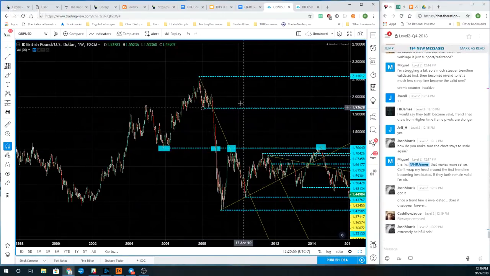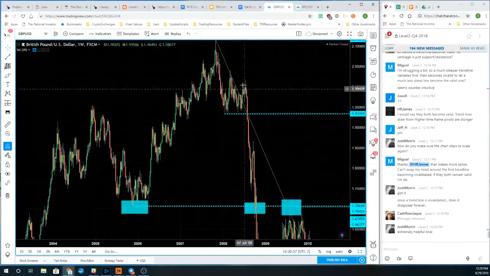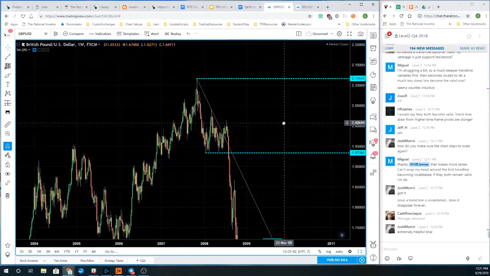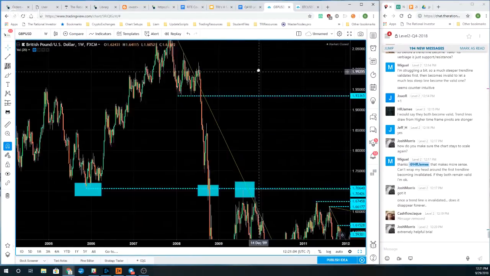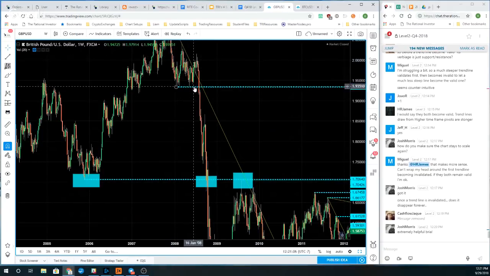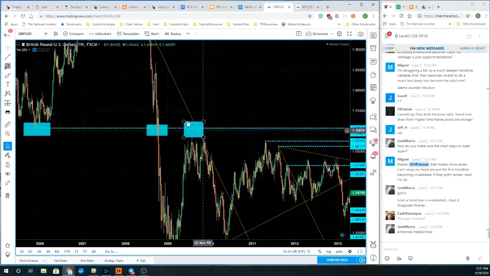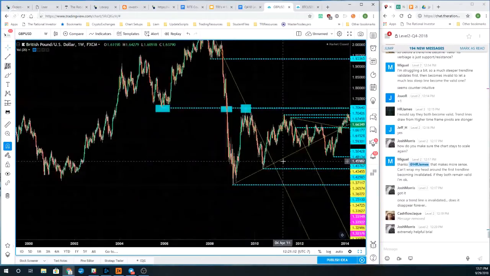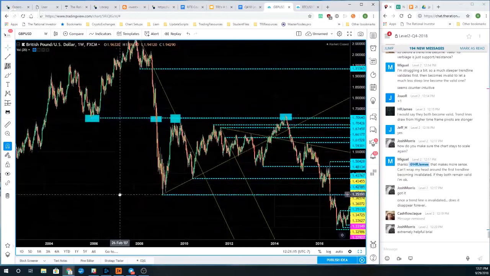There we go. It's pretty close. Actually, that works. Did not break lower. Down we go. Valid trend line. Ooh, look how it respected it there. Not bad.